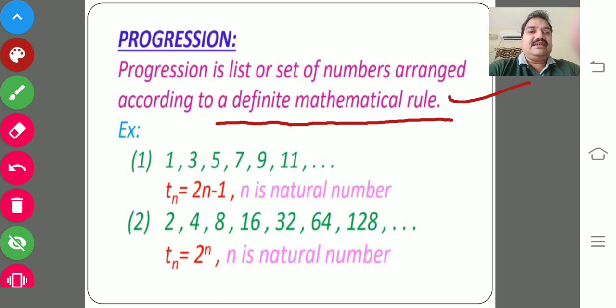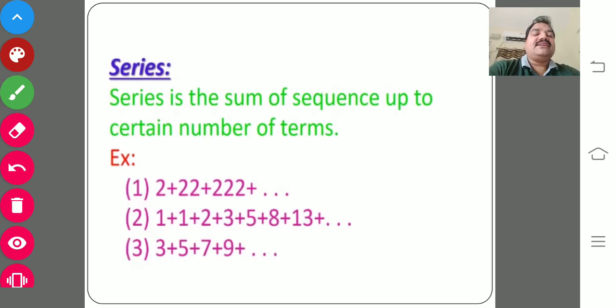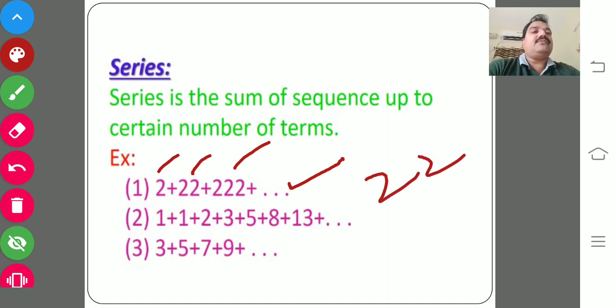Now coming to the next one, series. Yes, series is the sum of a sequence up to a certain number of terms. Series is nothing but, whether it is a sequence or a progression, it should be added. You just see 2, 2 plus 2, and so on, and it is the series.